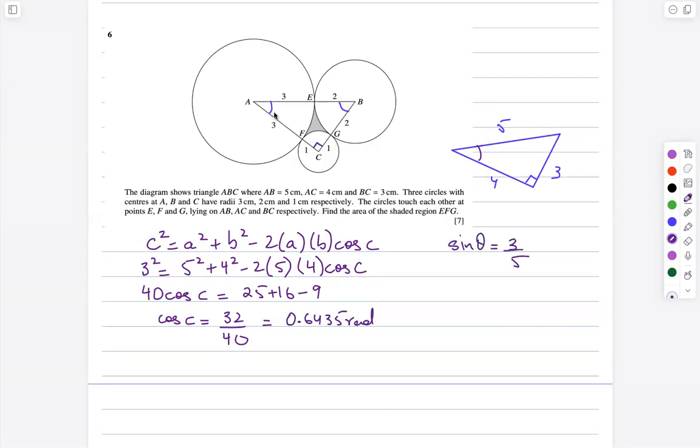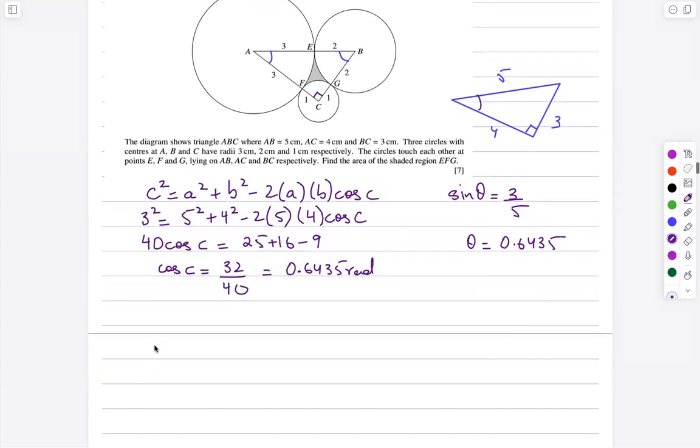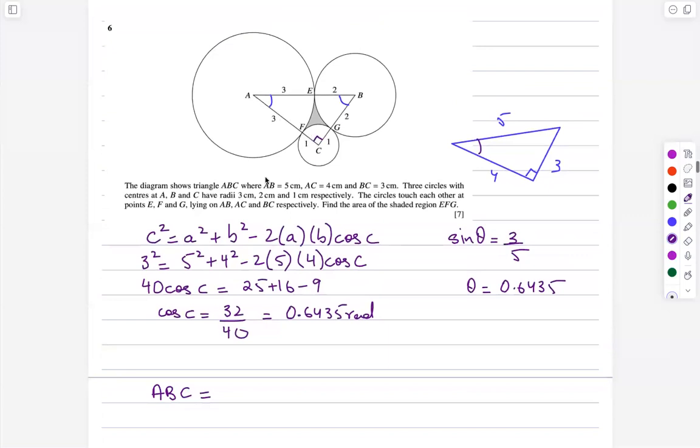Now, once we have this as 0.6435, we know that this angle will be 0.6435. This angle is pi upon 2. So the angle ABC will be equal to pi upon 2 minus 0.6435, as both of these angles will add up to pi upon 2.